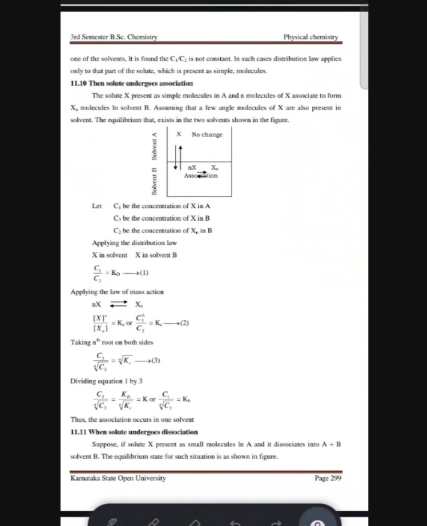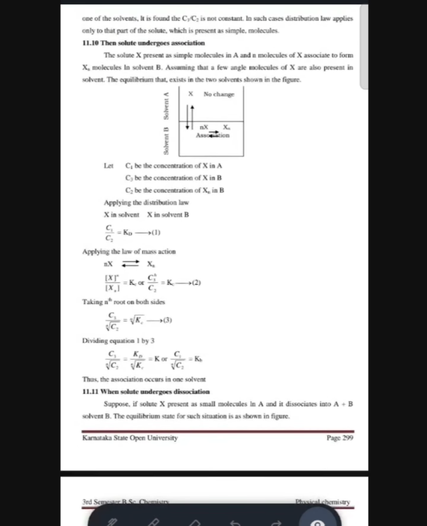So what happens when the solute undergoes association or dissociation can be seen in this experimental part.